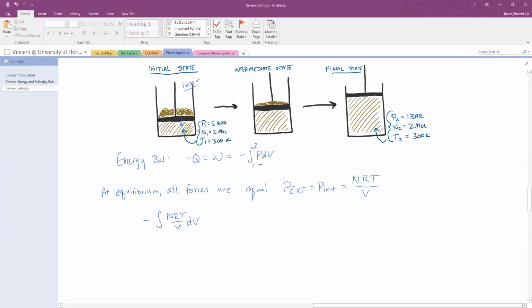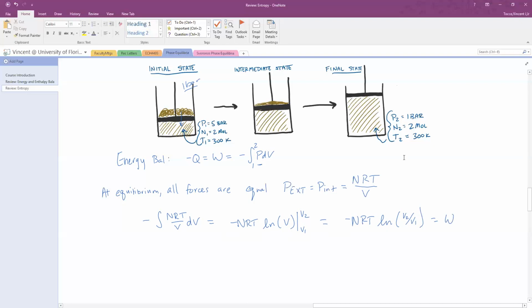The integral of 1 over V dV is the ln of V. So it's minus nRT ln of V, and that is going from V1 to V2. And when we have an ln and we subtract them, we can put them over. So this is just calculus. So it's minus nRT ln V2 over V1. And this is equal to our work.